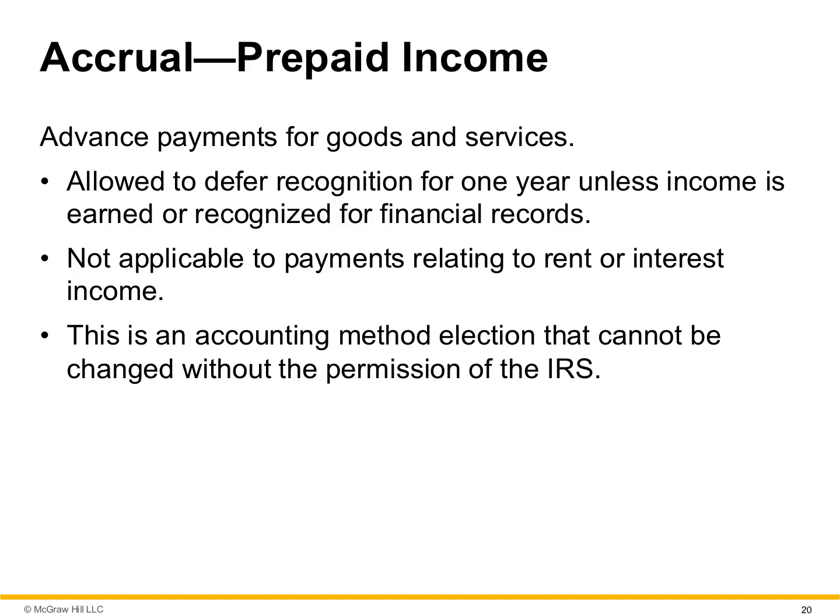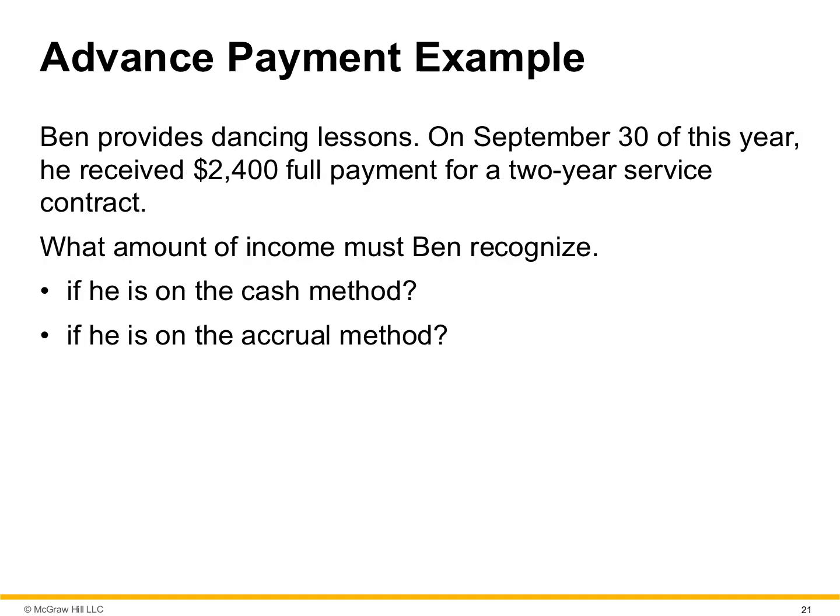Typically rent and interest are recognized immediately upon receipt, even if it hasn't been earned yet. And additionally, this accounting method election for prepaid income is something that cannot be changed without the IRS's permission.